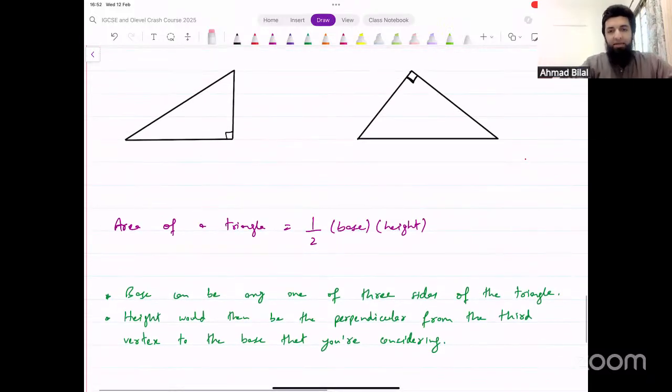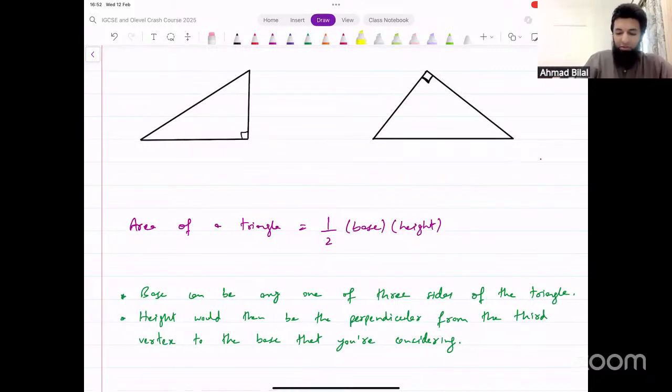Since we can take any one of the three sides as the base, let's take the different cases that are possible. One possible case could be that you take this horizontal side as the base. If you take the horizontal side as the base, then what is the height going to be? Height is going to be the perpendicular coming from the third vertex. What's the third vertex? We have already used up these two vertices in the base.